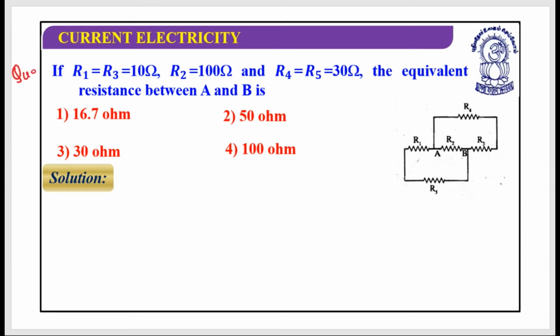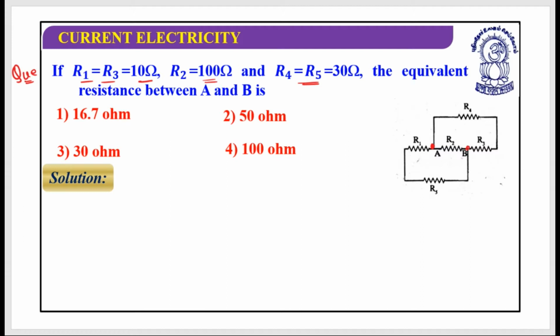What is the question saying? That R1 and R3 are 10, R2 is 100, and R4 and R5 are 30 ohm. We need the equivalent resistance between A and B. That is what I require. So this is the point A, this is the point B, and I cannot see clearly whether these are connected in series or in parallel.